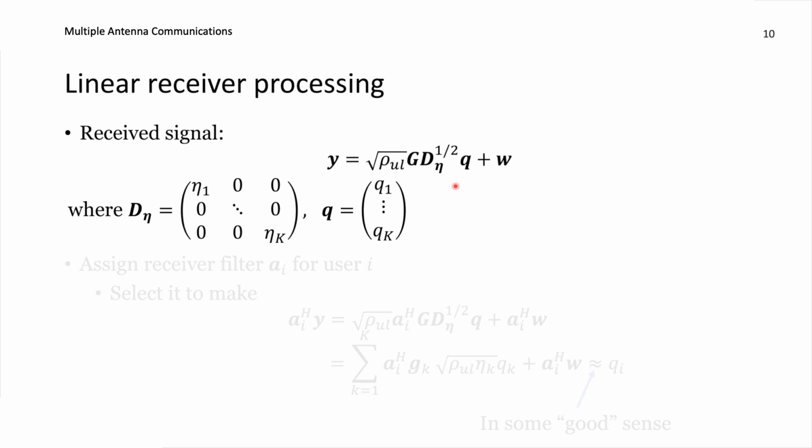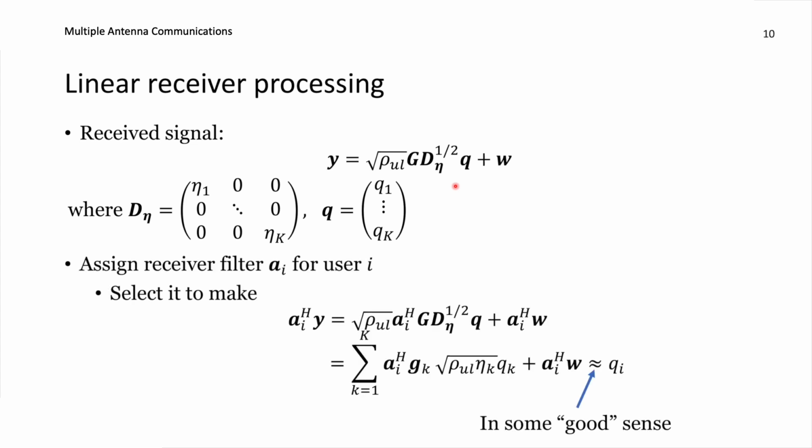Okay, what the receiver would like to do is to use y here to guess what each of the transmitted signals q1 to qk is equal to. So let's zoom in on one particular user, user i. We would like to select a receiver filter, ai, such that if we take the inner product of ai with y, we are getting something in the end that is approximately equal to qi.